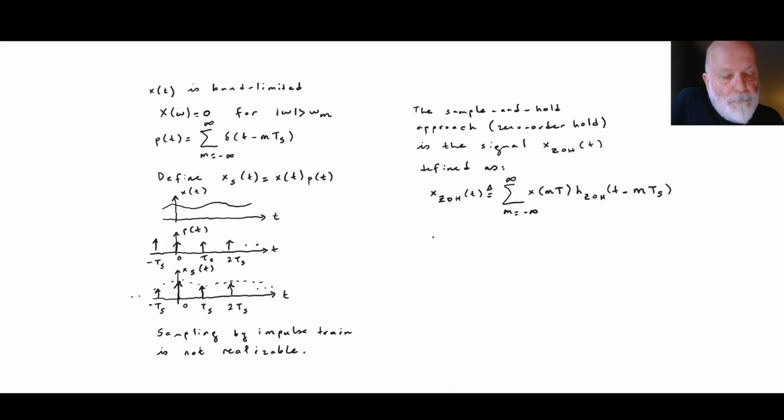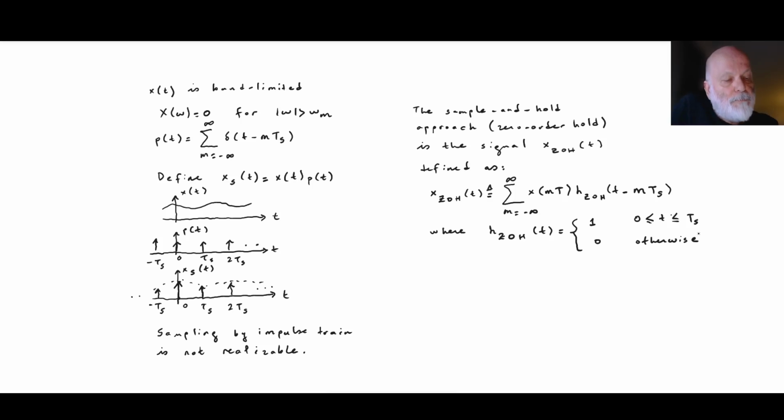where h ZOH of t is defined as follows. It is equal to 1 for t between 0 and ts, and 0 otherwise.